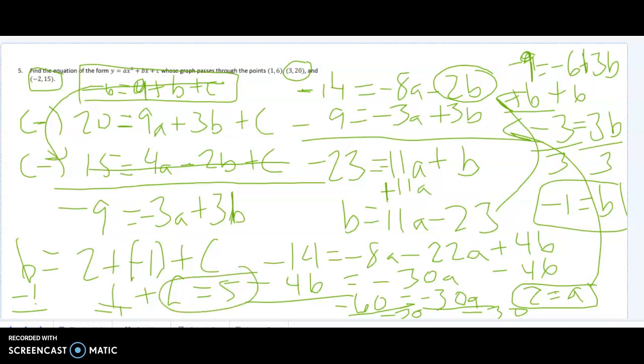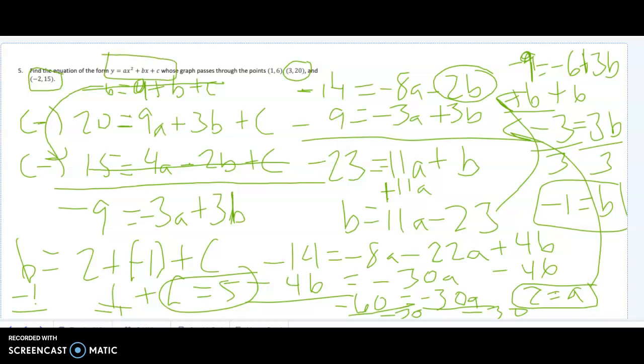Now what does that even mean? Well, go back up here to this formula, this equation right here, and plug those in.